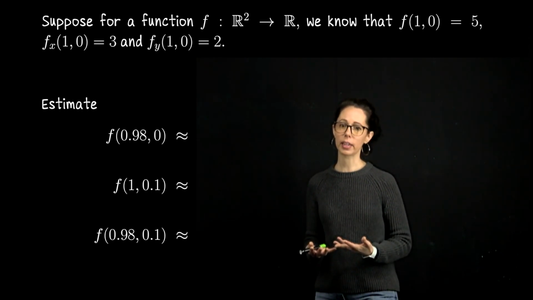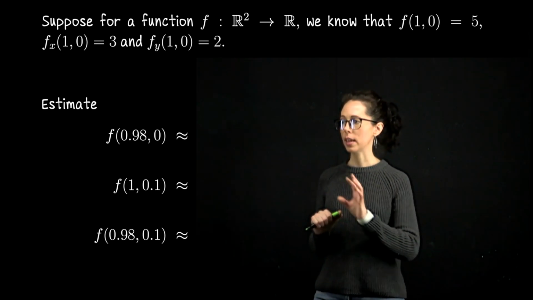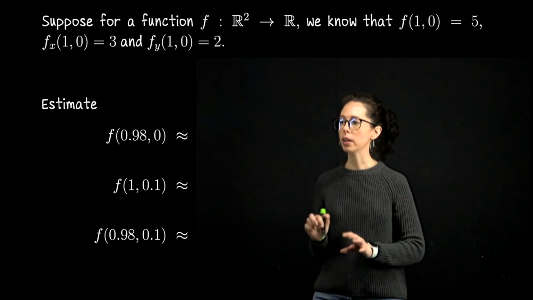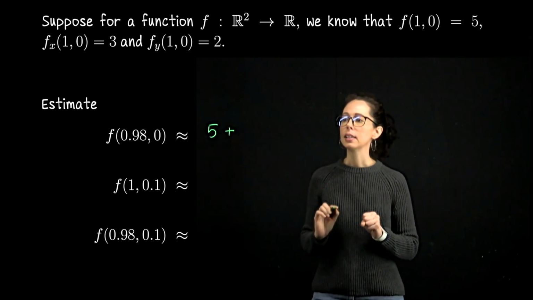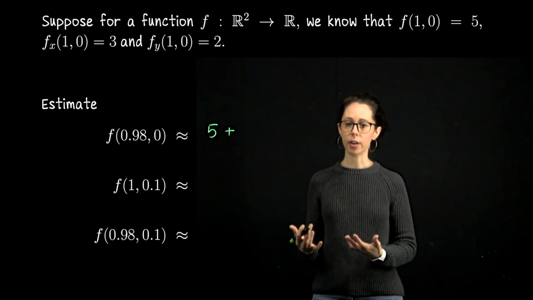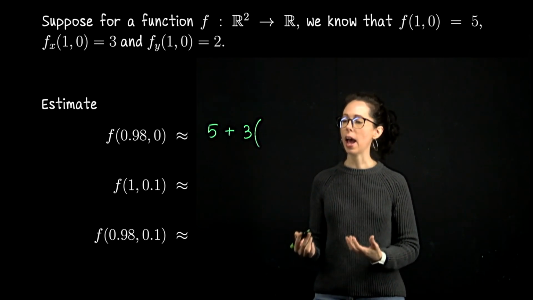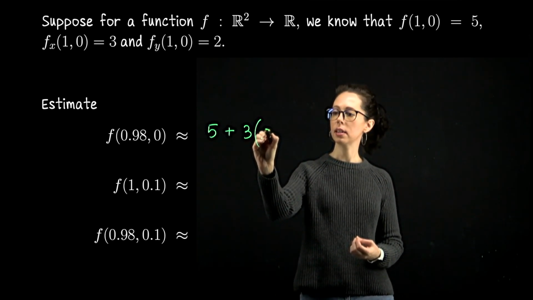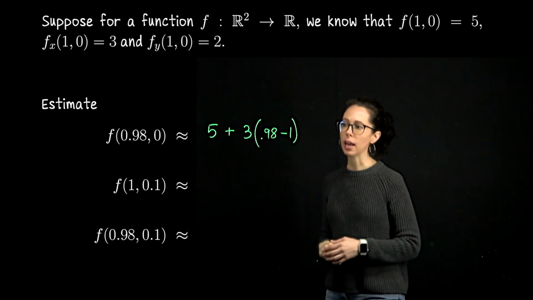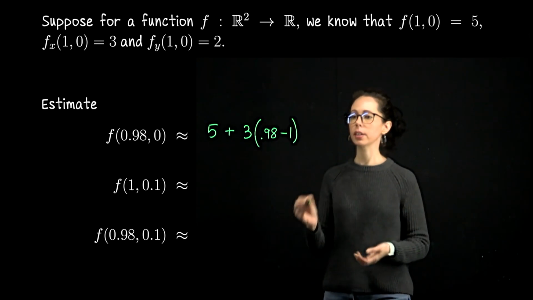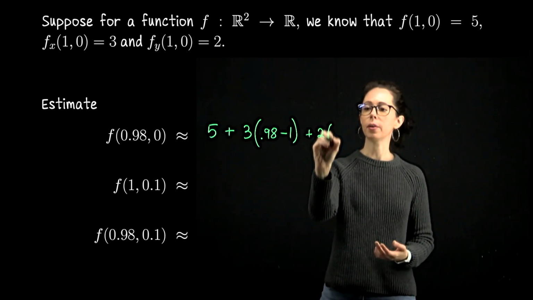So only the x coordinate is changing. When I set up my tangent plane approximation, we'll say that the function's value at this new point is approximately the function's starting value of 5 plus df/dx at (1, 0), that's 3, times the change in x, so that's 0.98 minus 1, and then plus df/dy at (1, 0), which is 2, times the change in y, which is 0.